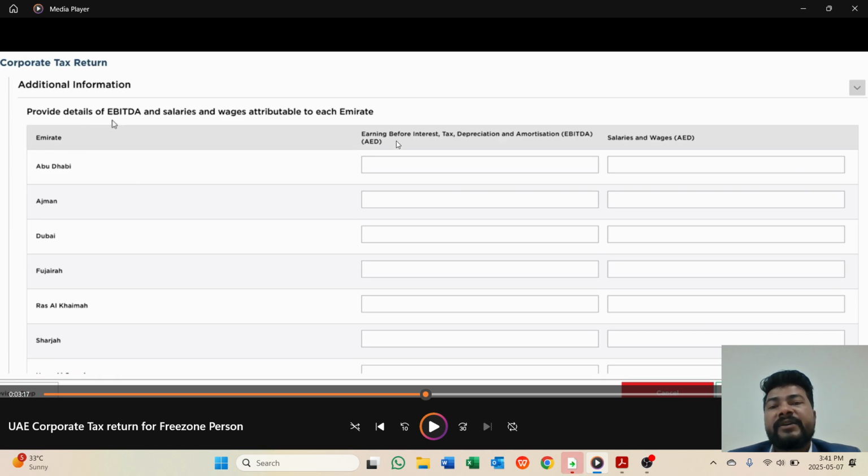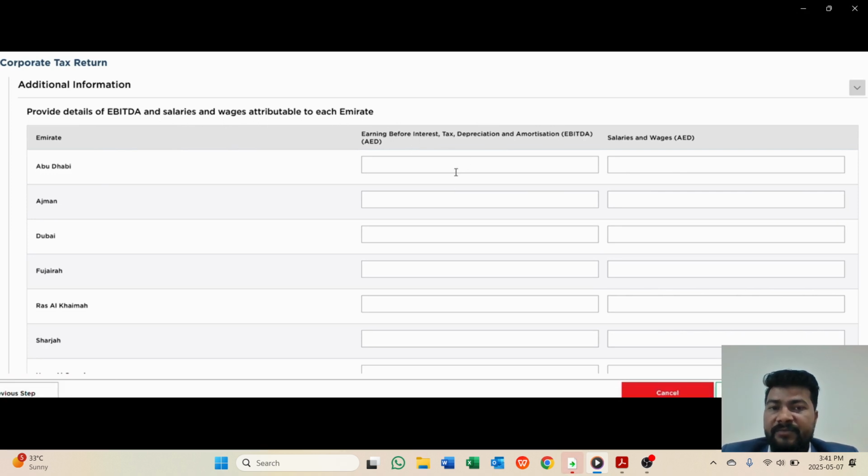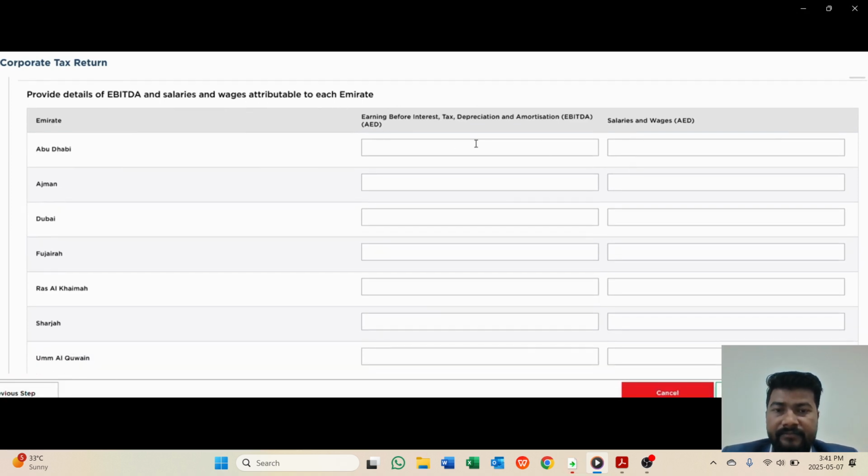Similarly, we need to bifurcate the EBITDA: calculate EBITDA first, and out of that, how much EBITDA is attributable to which state, whether Abu Dhabi, Ajman, Dubai, Fujairah, and to earn that EBITDA, how much salary and wages you have spent in each state. You have to put this detail. This information can be taken from your trial balance or financial statement, whichever is applicable in your case.